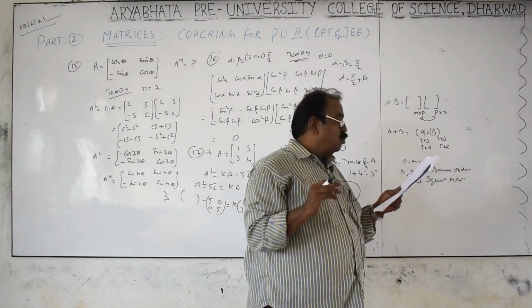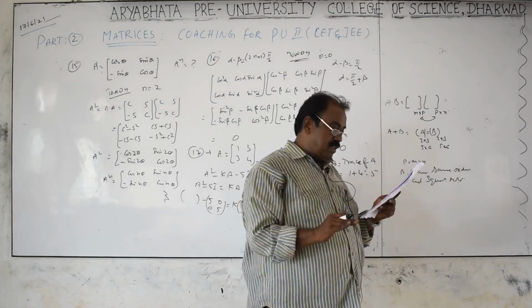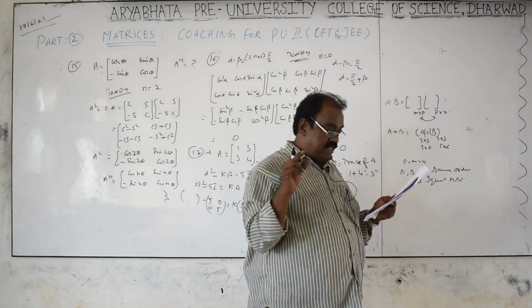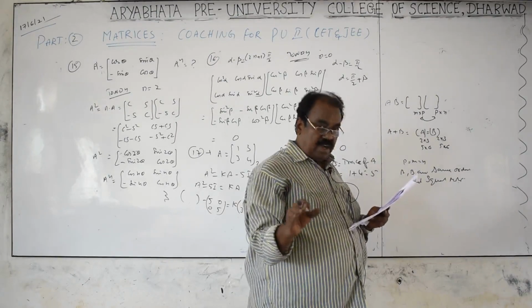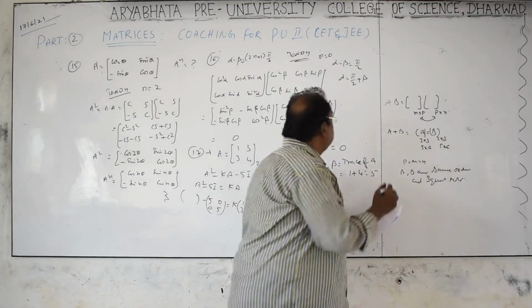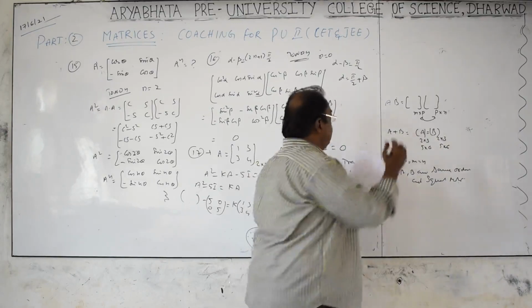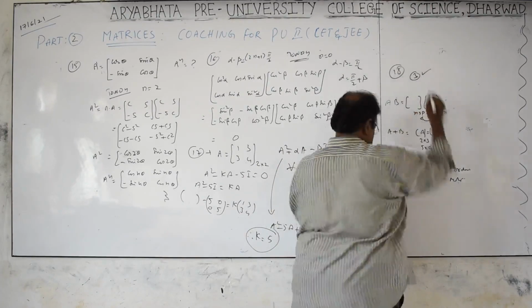So the third option is perfect. It must be a square matrix of the same order. But in the second option, A and B only have the same order. So the third is correct for the 18th question.